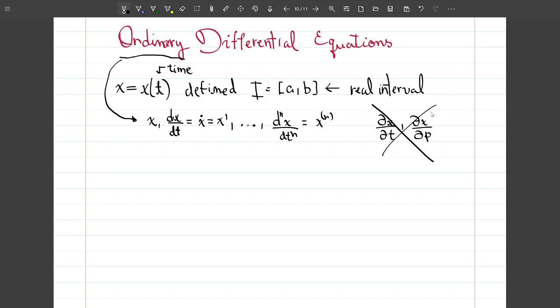We'll just care about the ordinary part, because if we include partial derivatives, it's not ordinary. This is going to be partial differential equations, which is not the interest of our videos.